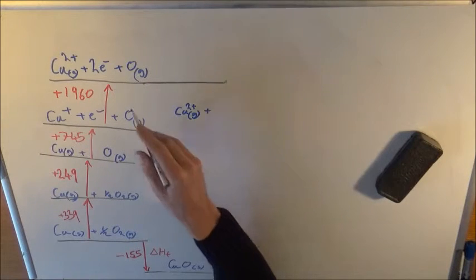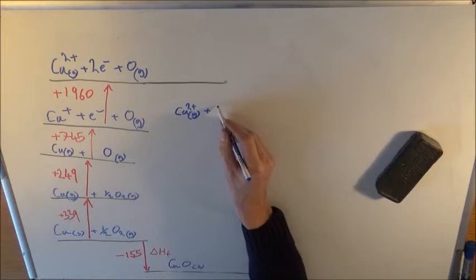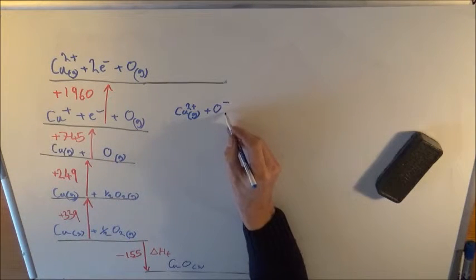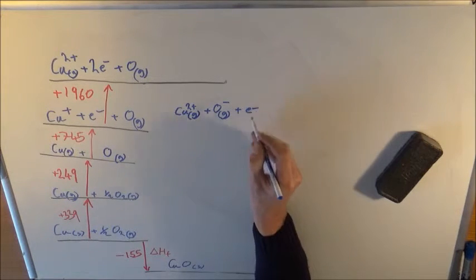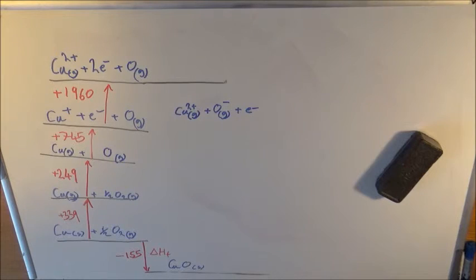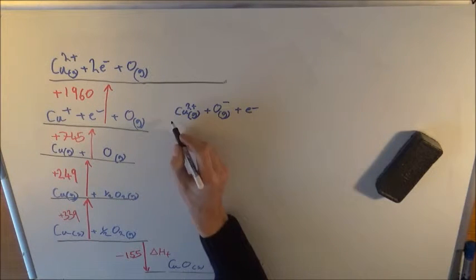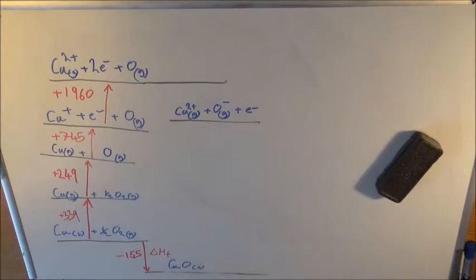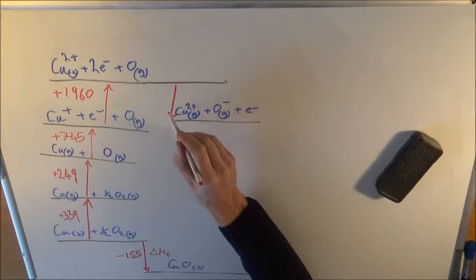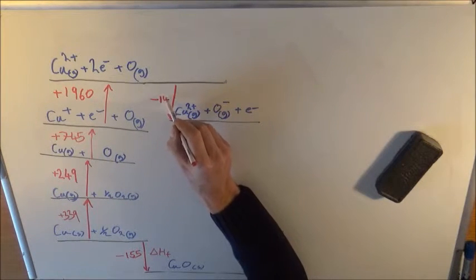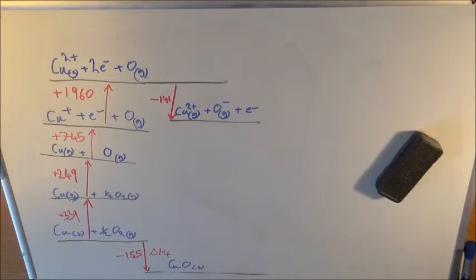We've added 1 of the electrons onto the oxygen, so that gives us an oxygen with a minus in the gas state, and we've still got 1 of the electrons left over. So that's the first electron affinity of oxygen, and you notice that it's exothermic, so we're increasing the stability, and that corresponds to minus 141, as we saw in the example with adding an electron to a chlorine atom.